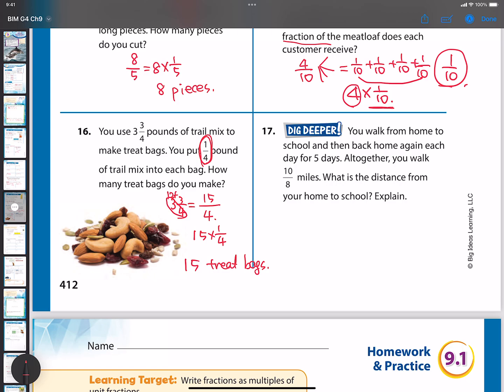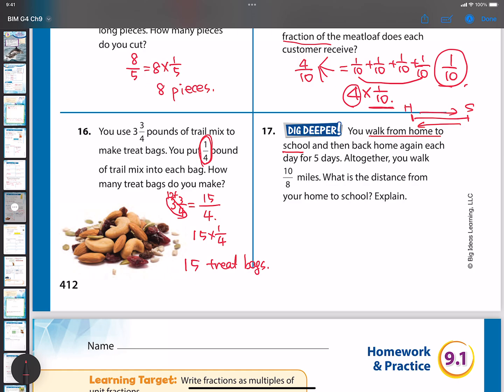Last question. You walk from home to school and then back home again each day for 5 days. Altogether, you walk 10 over 8 miles.